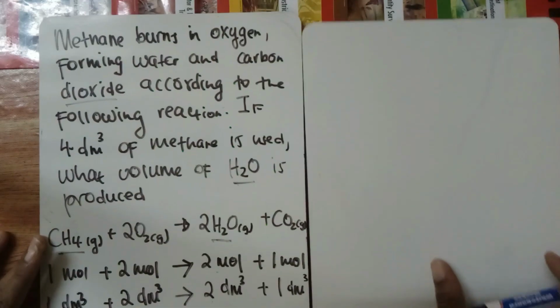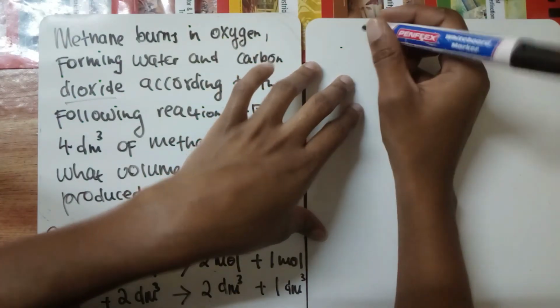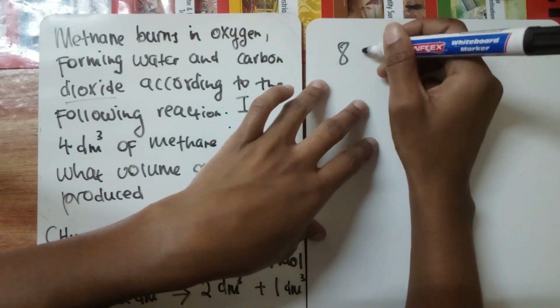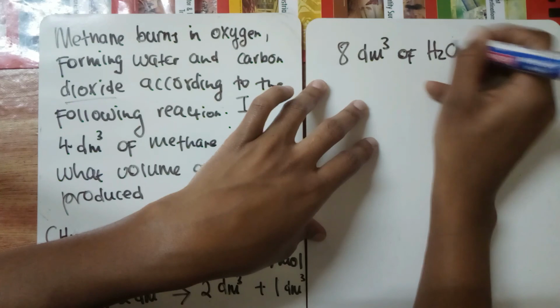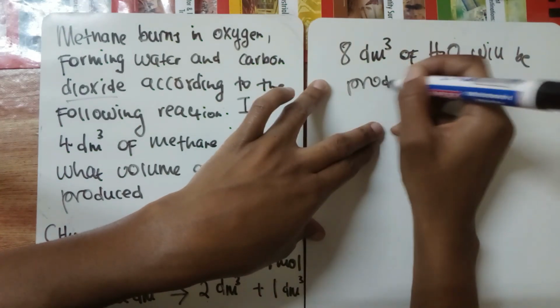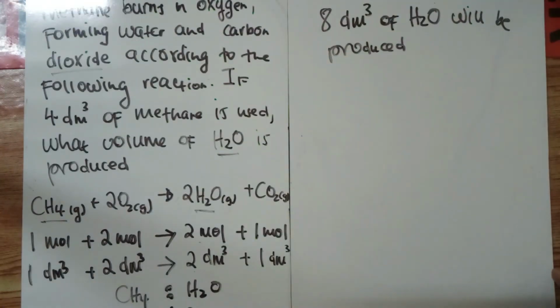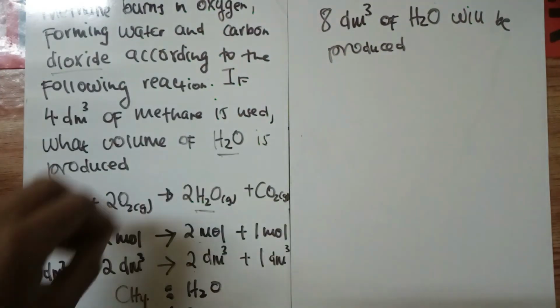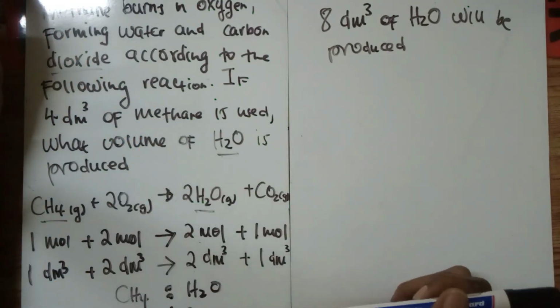So our answer is that 8 cubic decimeters of water will be produced. Cool. So you can see how straightforward it is to find these volumes when you have your balanced equations, right?